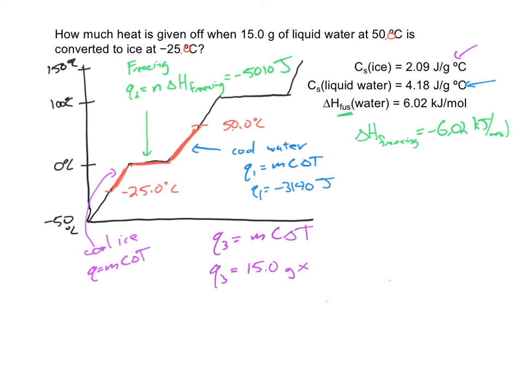Now I need to use the heat capacity for ice. And then for the temperature, again, it's the final minus the initial. So it's minus 25 minus 0. And again, the grams cancel, the degrees Celsius cancel, and my heat for this step will be in joules. And when I multiply all that out, I get negative 784 joules.